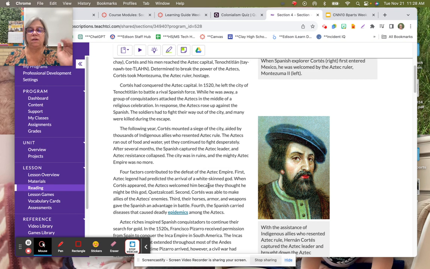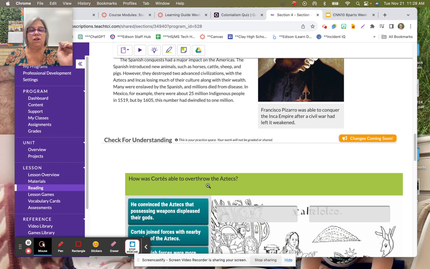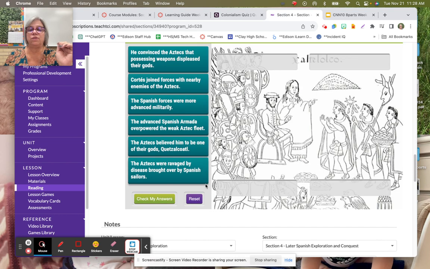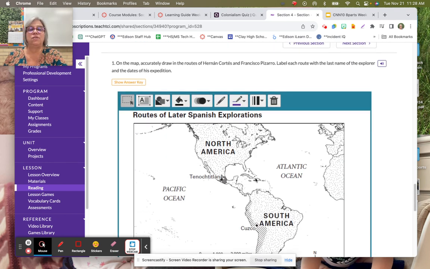Okay, read or have it read to you. And then you are going to do the check for understanding. Check your answers, reset it, try it till you get it right. And again, here's another map. You're going to draw the routes of Hernan Cortez and Francisco Pizarro. You're going to again label the routes with the last name of the explorer and the dates.